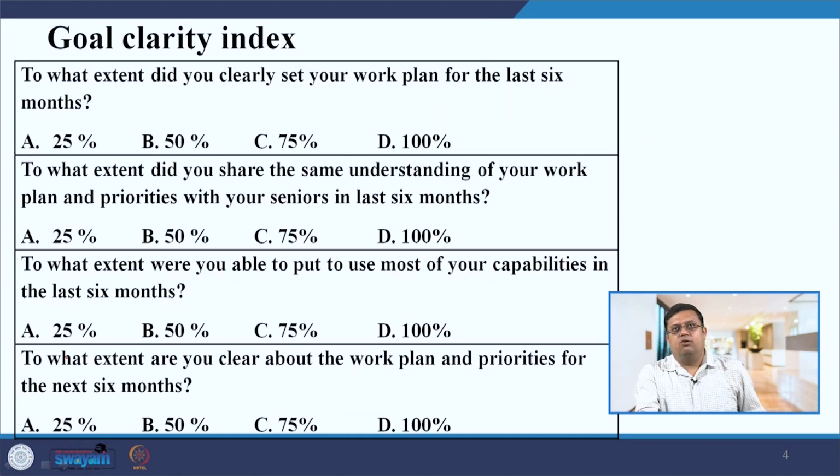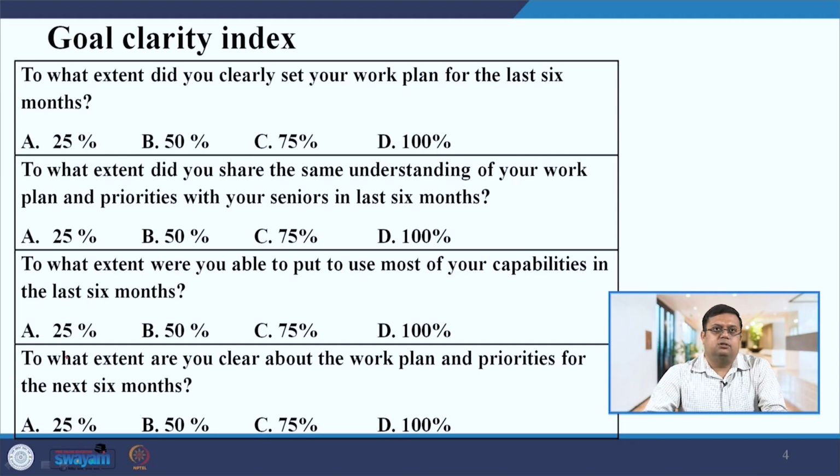One more thing that I always suggest, right after the goal setting exercise, is the goal clarity index. There are certain questions that you can ask each employee. For example, to what extent did you have clarity, did you clearly set your work plan for the last 6 months?